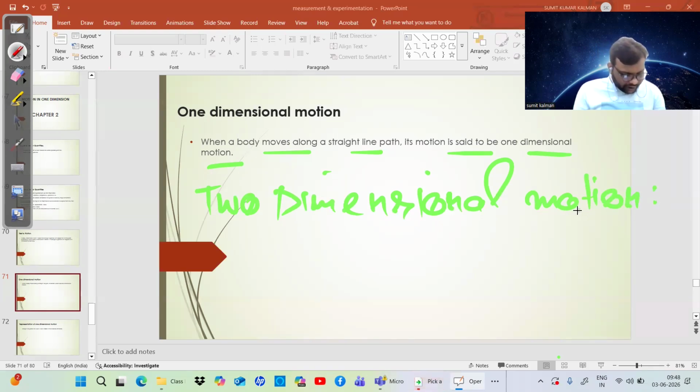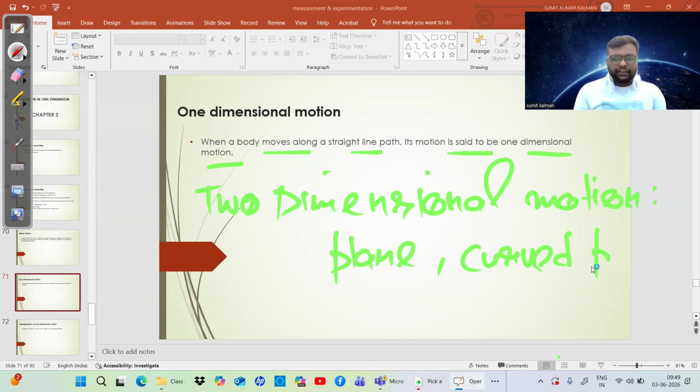Friends, suppose a body is moving along a plane or along a curved path, then the motion of this body is two-dimensional. Next is three-dimensional motion. If a body is moving in space, then the motion of the body is said to be three-dimensional.